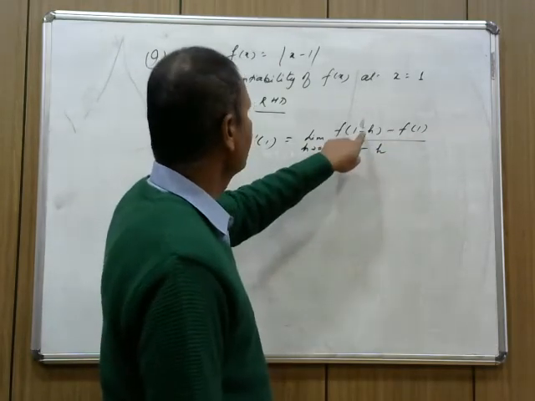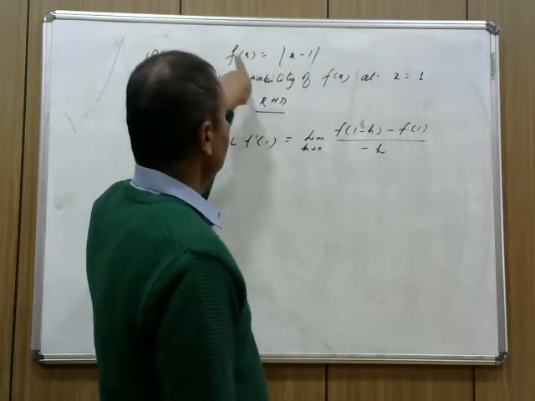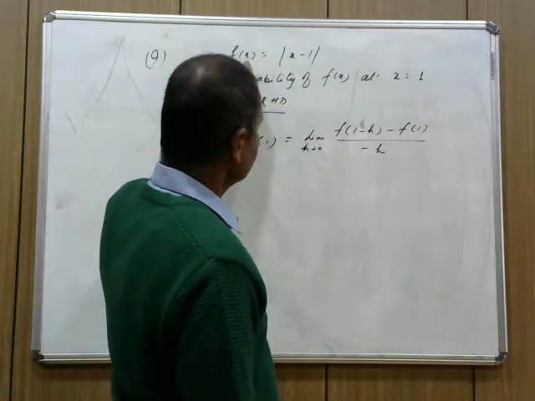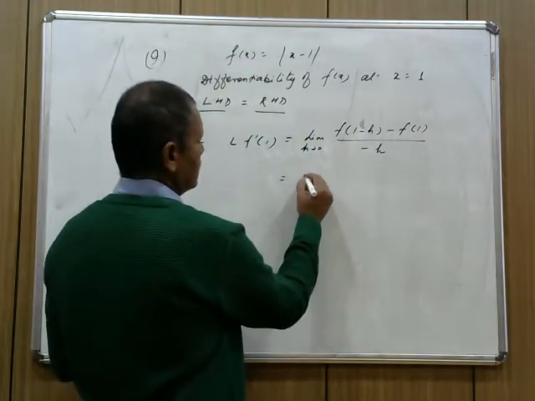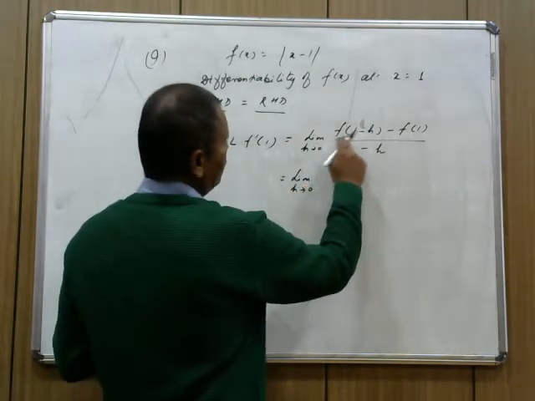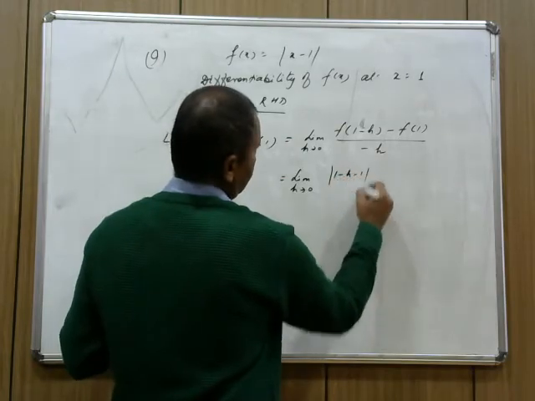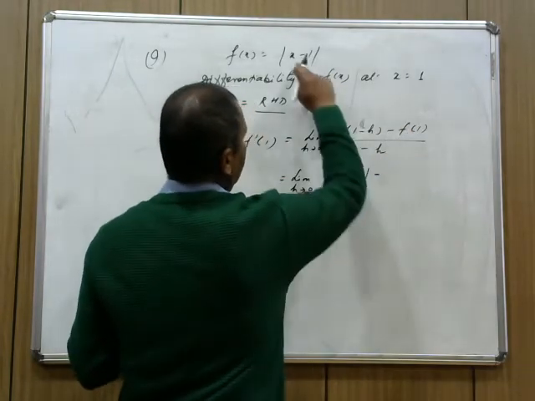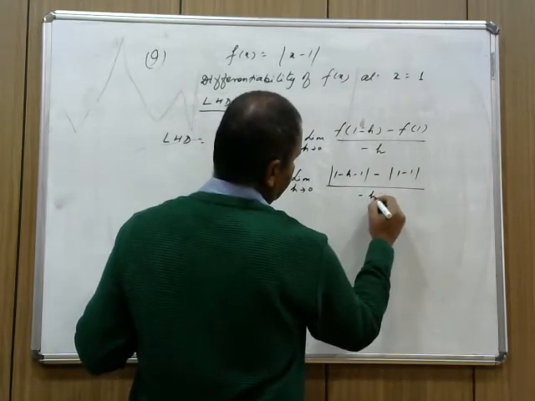Now here, f of x is mod x minus 1. Now x will be replaced by 1 minus h. So now what will I get? Limit h tends to 0, f of 1 minus h is mod 1 minus h minus 1, minus f of 1, which is 1 minus 1, whole divided by minus h.